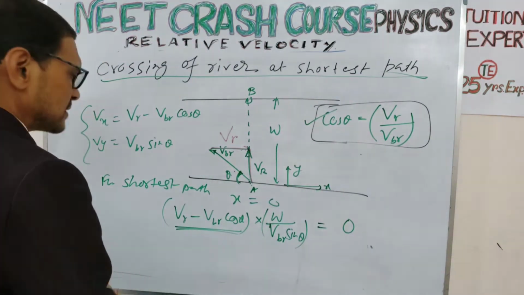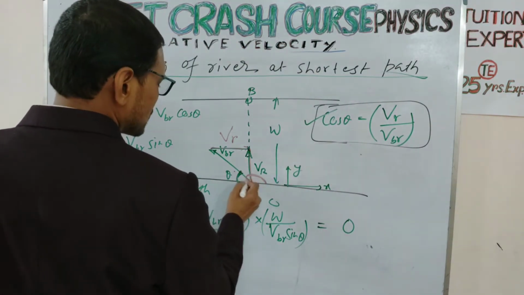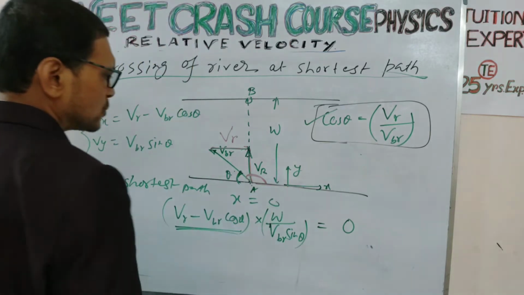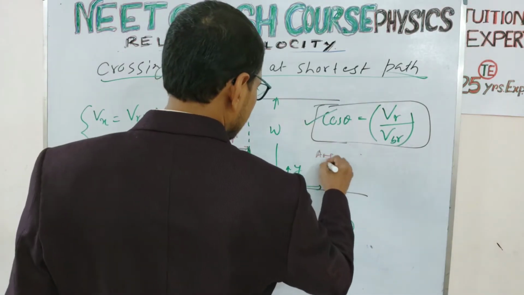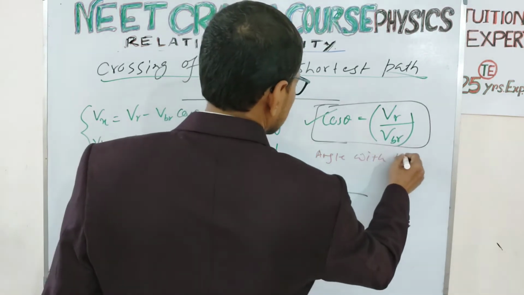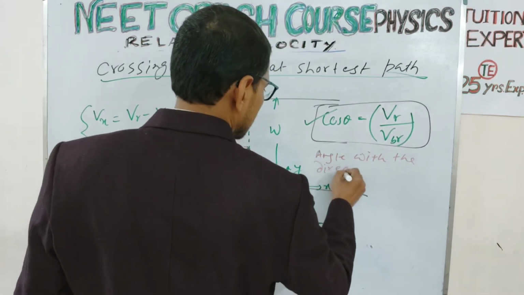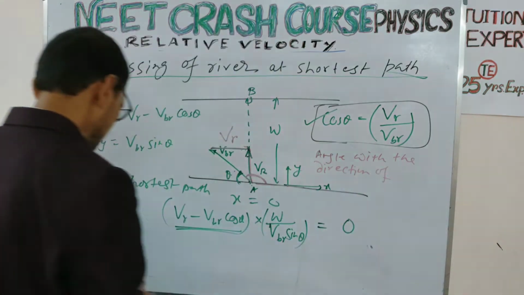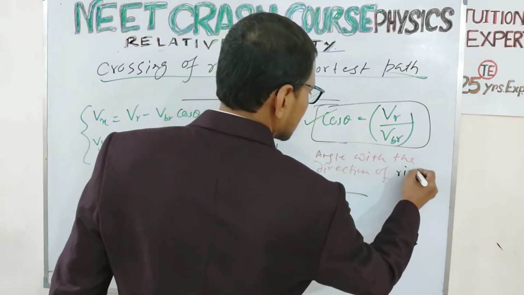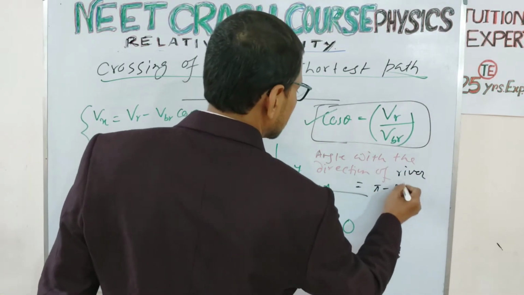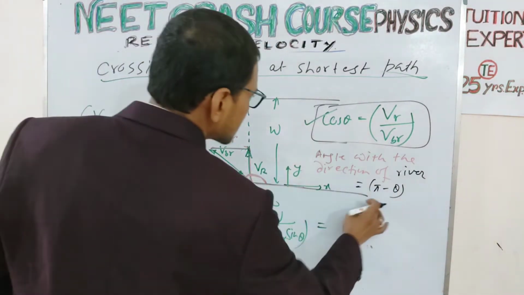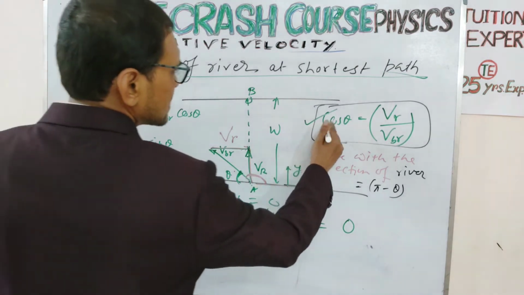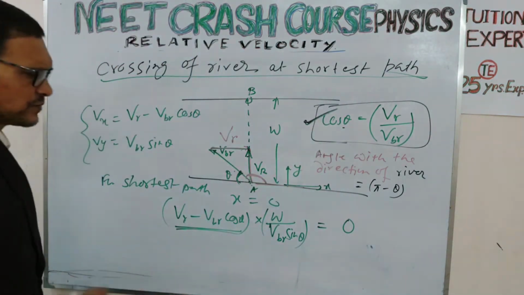Then, if you write the answer as the angle with the direction of the river, it is pi minus theta. If we can find the angle theta, then we can find pi minus theta. So this theta can be found with this formula.